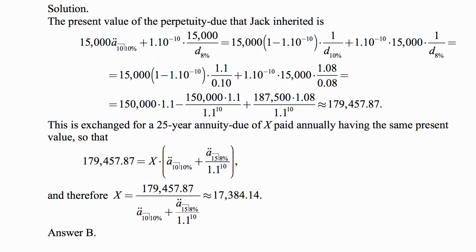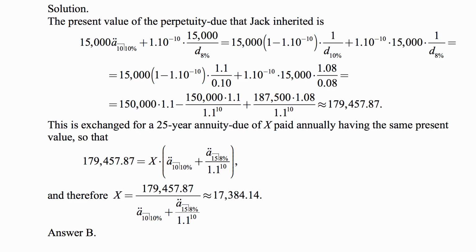But instead, we have a 10-year annuity at 10%, and it's an annuity due. So its present value is 15,000 times a double dot angle 10 at 10%. And then 10 years later, we have a perpetuity due of 15,000 per year at 8% interest rate.